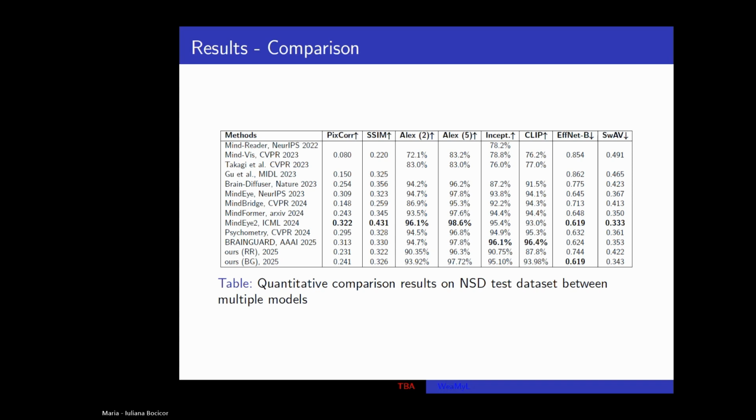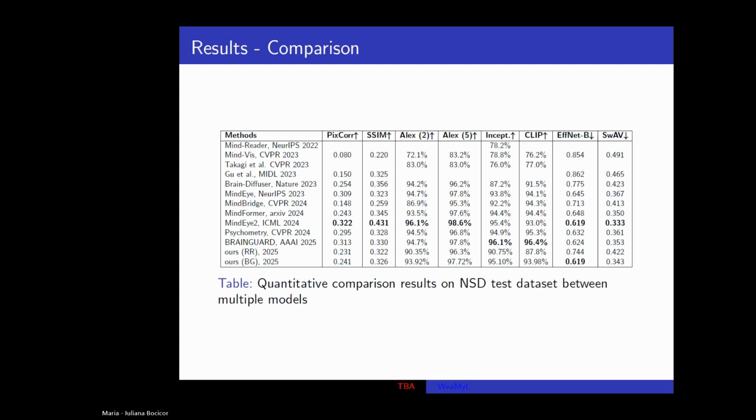On efficient net B, we obtained the same accuracy as MindEye2, which is commonly regarded as the state-of-the-art method. However, this metric has been criticized by some other papers as not being so suitable for assessing this task.